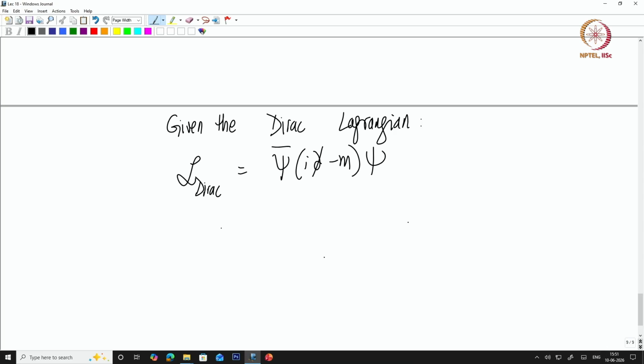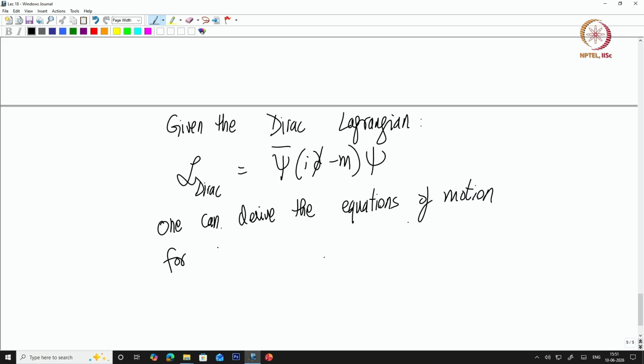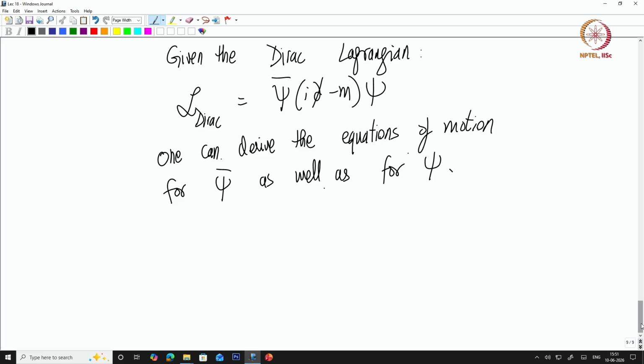Given this, one can derive the equations of motion for psi bar as well as for psi.